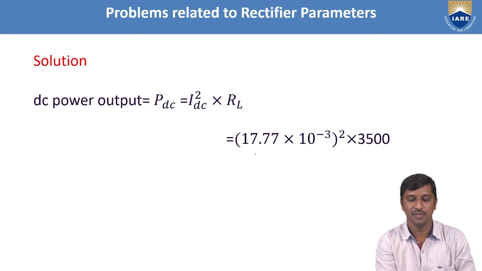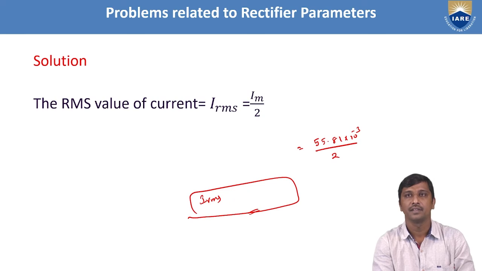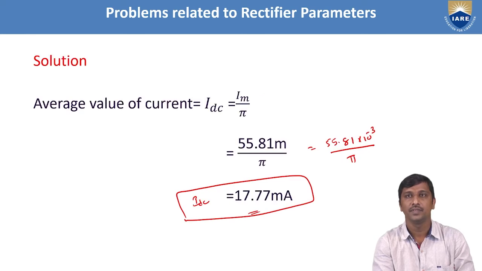So the IDC value is 17.77 milliamps, which we just got. Let me check it here. This is the IDC value, 17.77 milliamps.